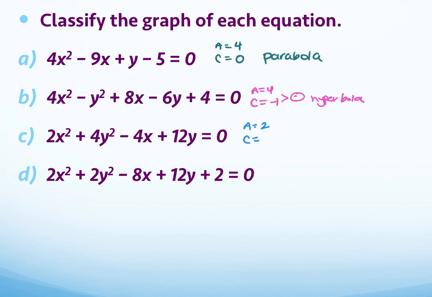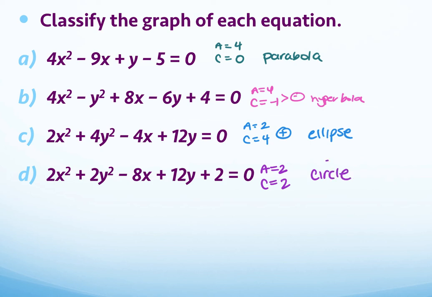Your C? 4. They are not the same. Their product is positive, which means ellipse. And the last one, your A is 2, your C is 2, which means this is a circle.